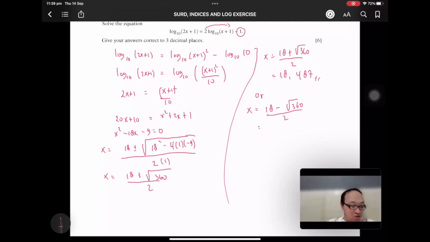So 18 minus root of 360 divided by 2. So this is negative 0.487. And then we have to check, can we use both answers? For the first one, this will be positive, this will be positive, so we can take this, correct? And for the second one, negative 0.487, from here it will be positive. From here it also will be positive, so we can take this too. So we can take both answers.